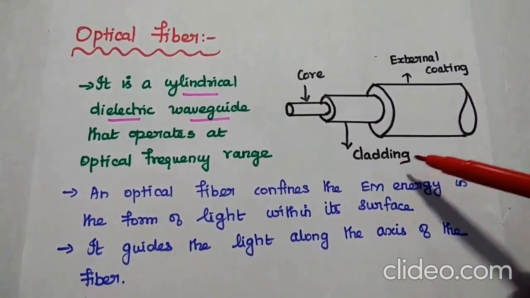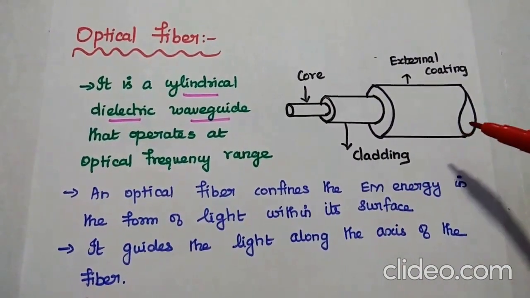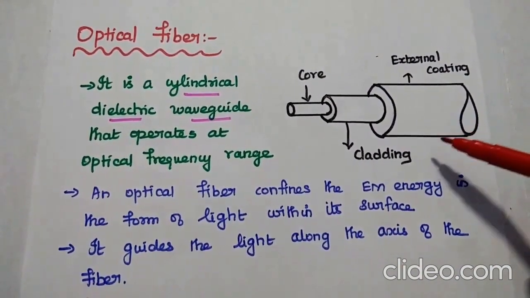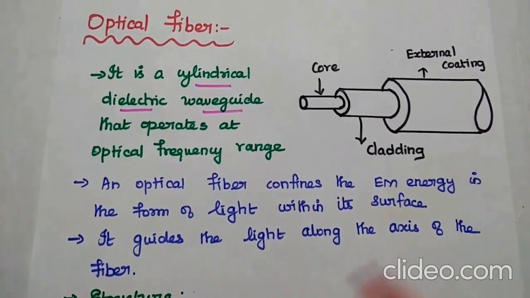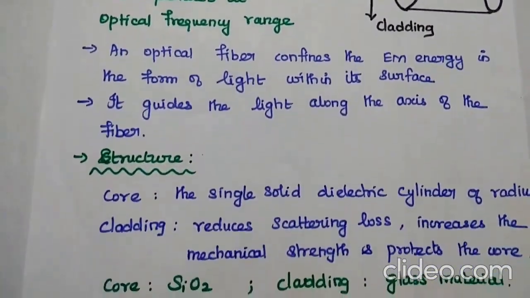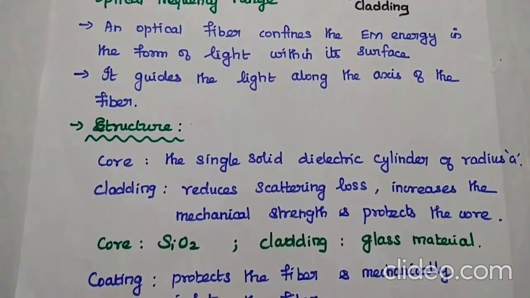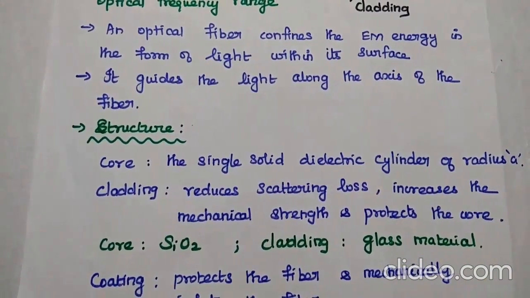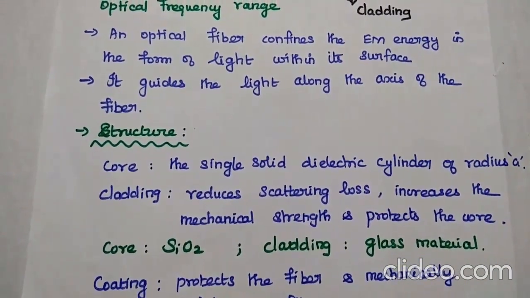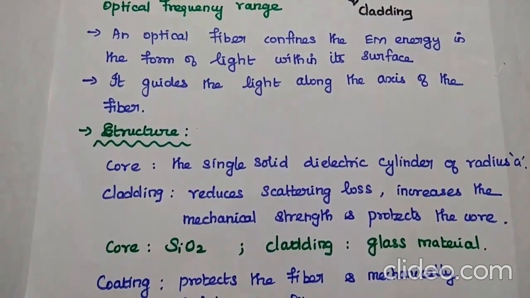An optical fiber confines the electromagnetic energy in the form of light within its surface, so it guides the light along the axis of the fiber. The structure is defined as the core, cladding and outer layer.